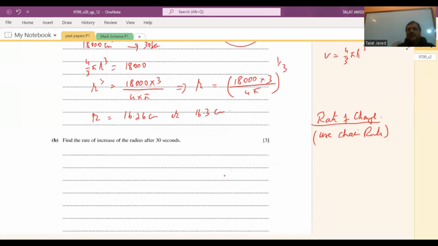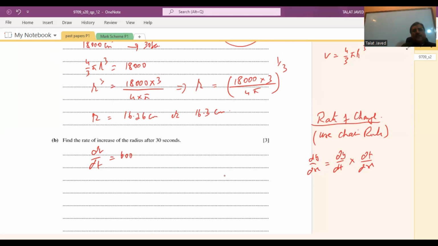If we have two variables like x and y, then dy by dx is equal to dy by dt multiplied by dt by dx, where t means time. In this question, we have to find the rate of increase of the radius, but the rate of volume is given, dV over dt.